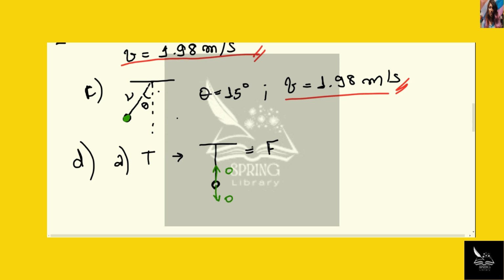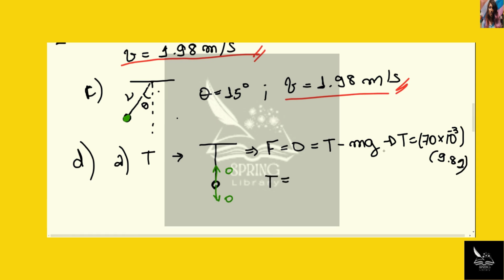the net force in the y direction is equal to 0 and is equal to the tension minus the gravitational force. So the tension is equal to mg, in which m is 70 times 10 to the minus 3 kilograms, and this times the gravitational acceleration.